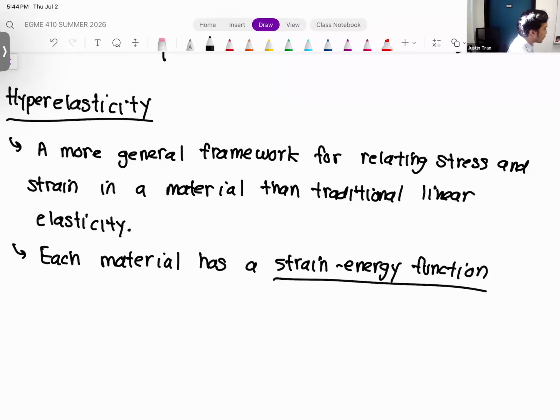The strain energy function tells you how much potential energy is within the material. As you stress it and deform it, that potential energy gets used up in different stress states. And you can take derivatives of the strain energy function in order to get specific stress and strain.